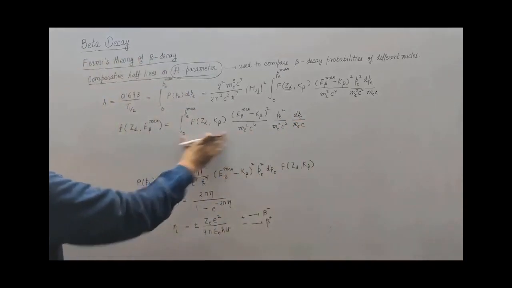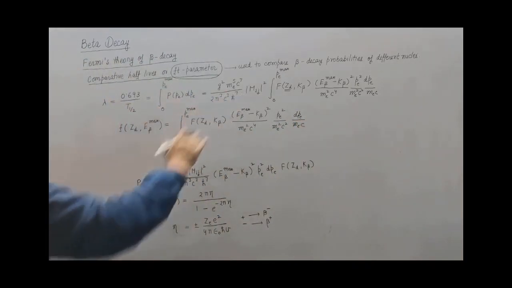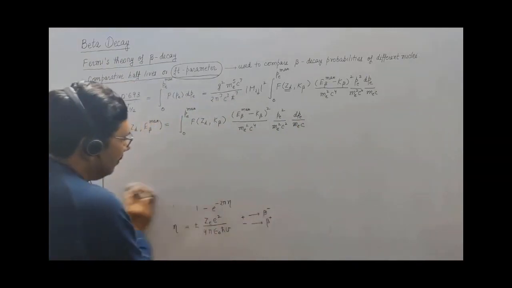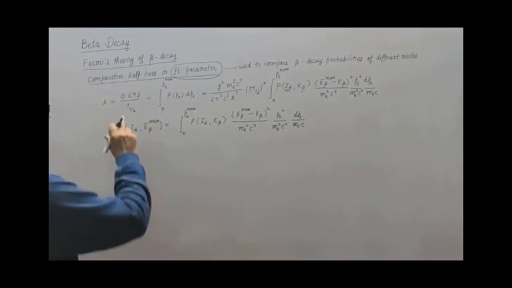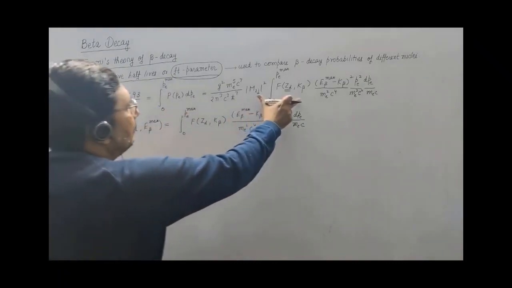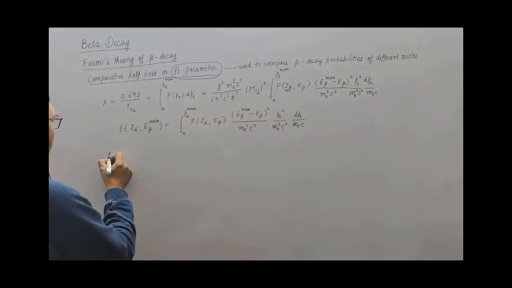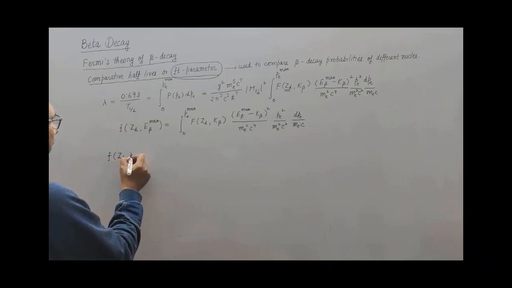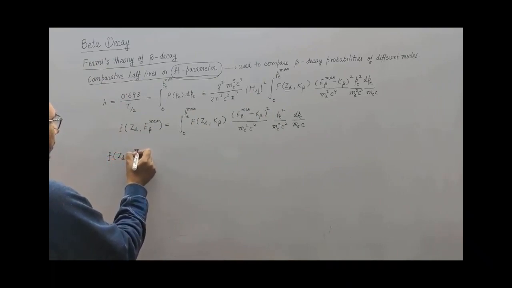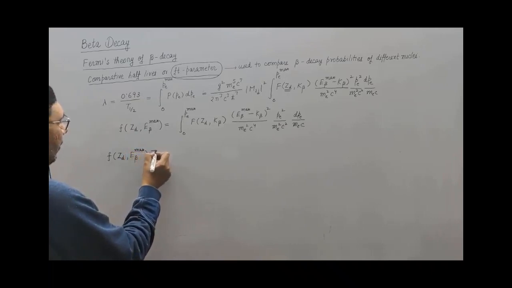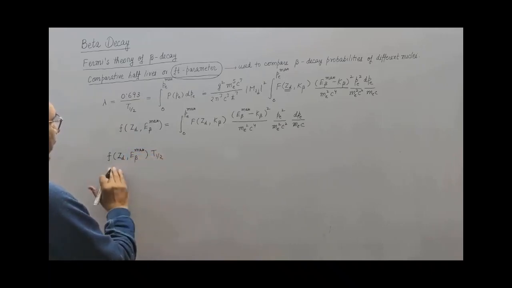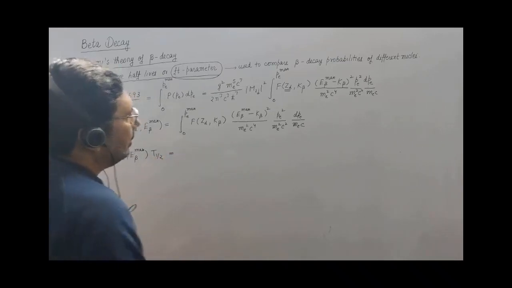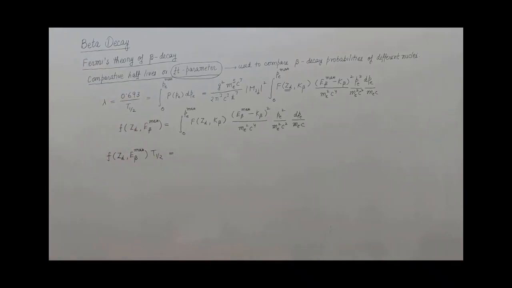If we replace this integral by this factor in this equation, then we will multiply this T1/2 with this factor and write it here. So this equation will become F ZD E beta maximum multiplied by T1/2. This will be the FT value, which can be used to compare the beta decay probabilities of different nuclei.